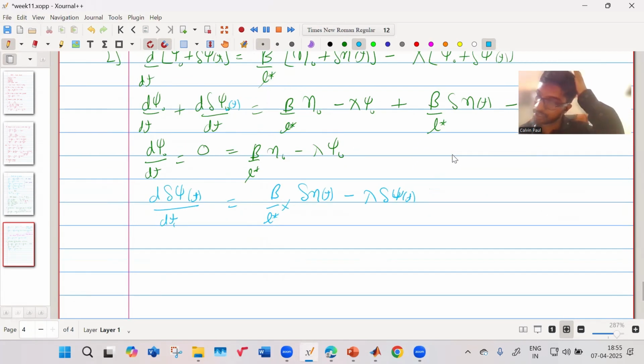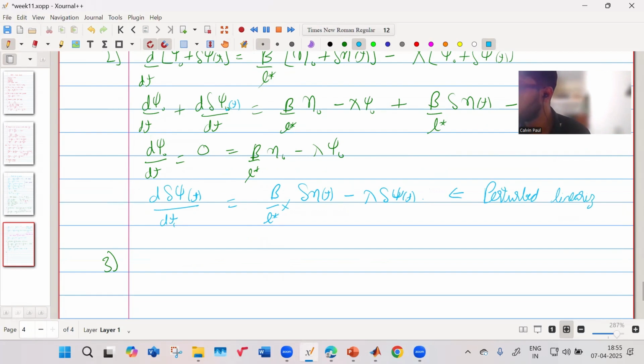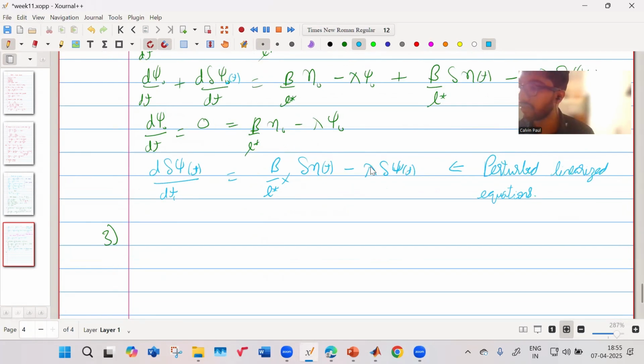Okay, this is the second equation. Similarly, for the third, fourth and fifth equations, we can just write the same. We are interested in this linearized, perturbed equation. We are mainly interested in that.